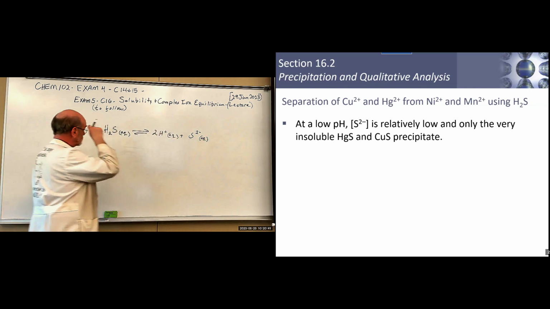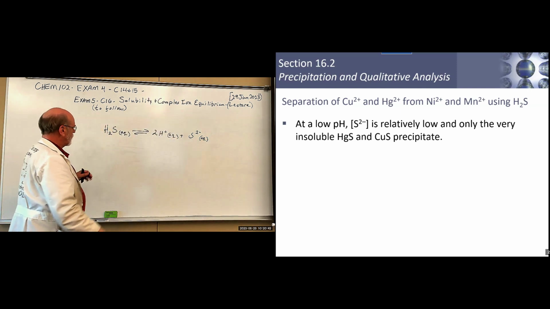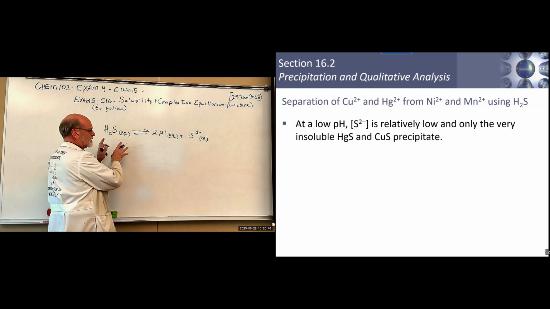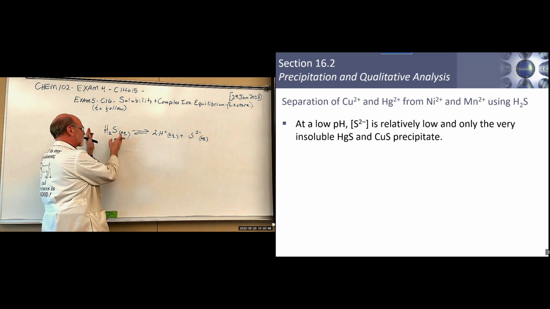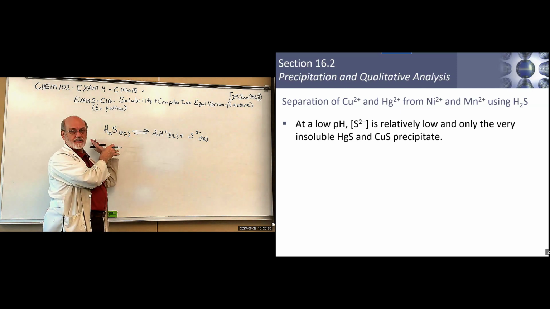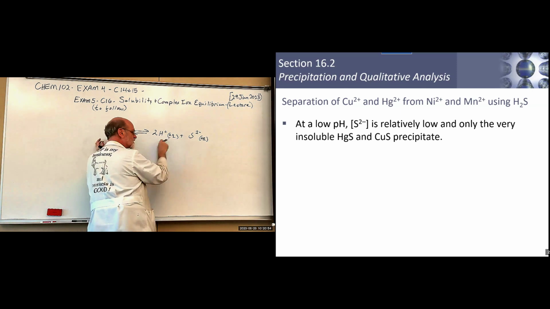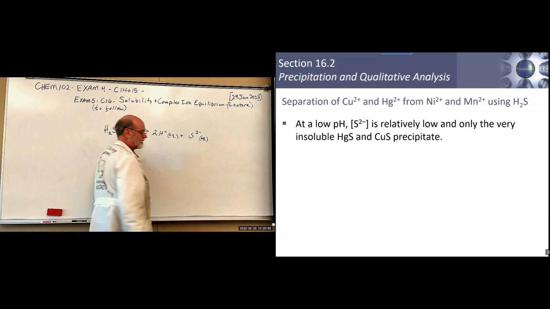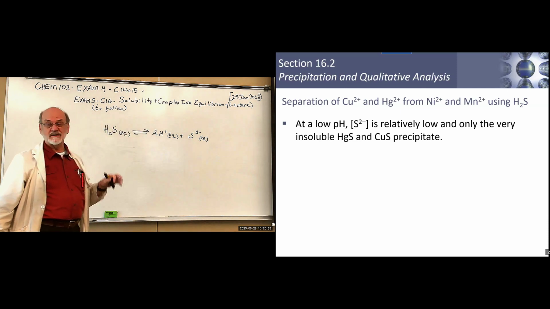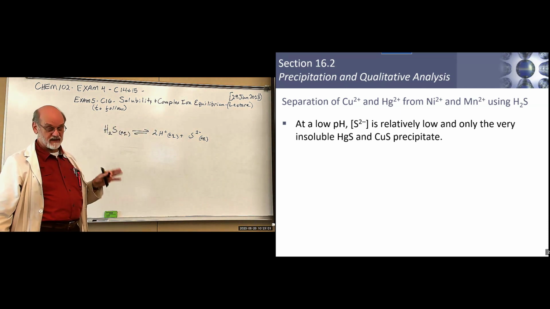Well, this equilibrium in pure water is predominantly over here. Hydrogen sulfide, it's aqueous, it's in solution, but it doesn't produce these ions, and we need some of that ion, but we don't need too much of it. Right? We just need a little bit of it.